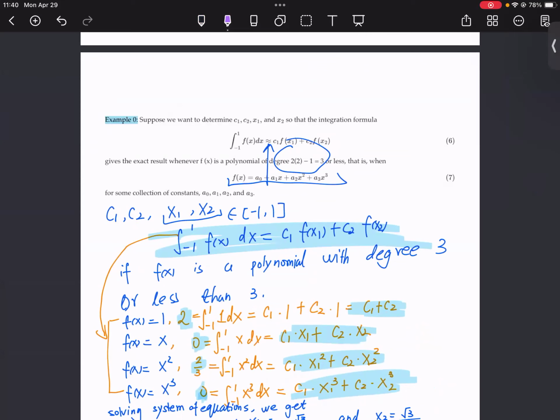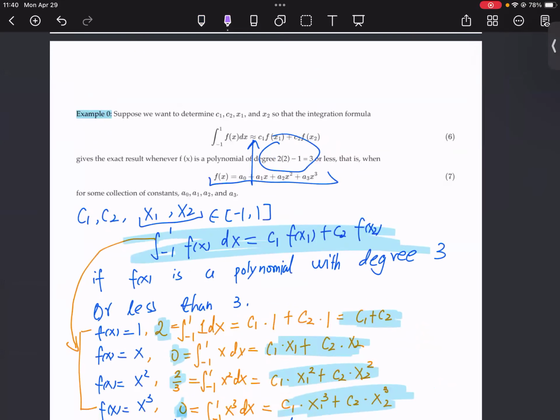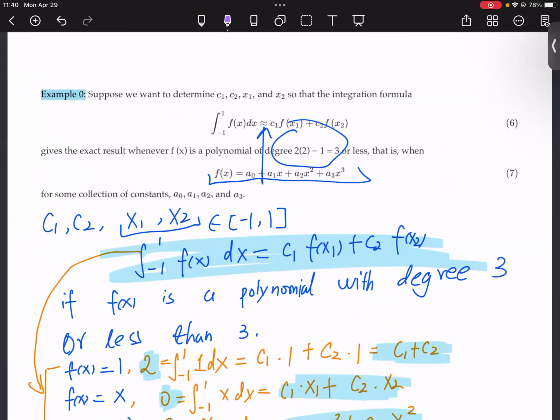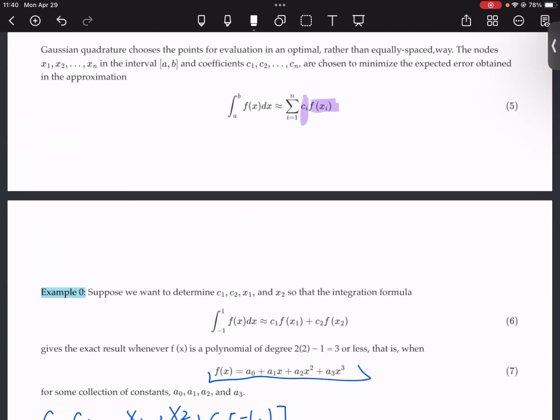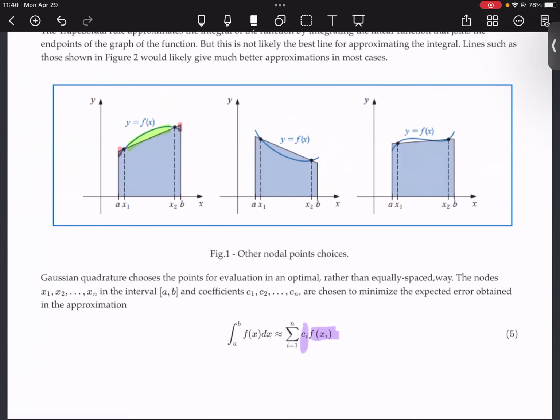I'm going to show you something here. This is something you have already done in the exercise. Let's say we have x1 and x2, and that's what we have here. And then we want to choose x1, x2 to get as accurate as we can.